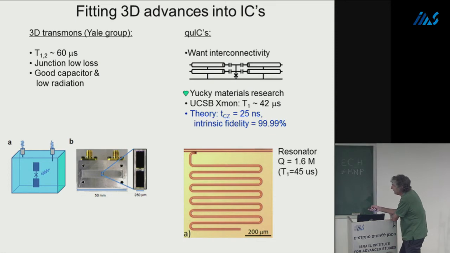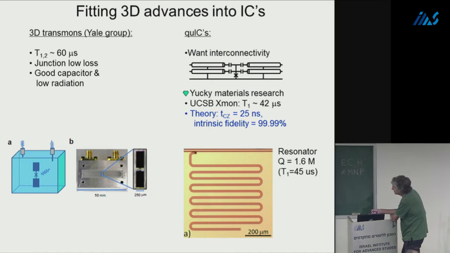Okay, and it's because we have long T1s and T2s around 60 microseconds. So you can do a lot of neat physics. These devices take advantage that intrinsically the junction is very low loss. And then what they do is they take a junction and put these paddles here that form the junction capacitance across the junction, and put this in a cavity.